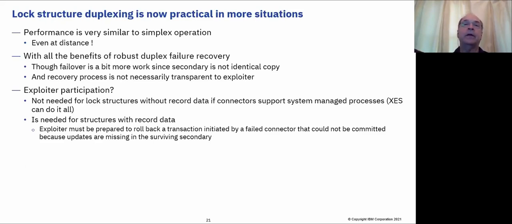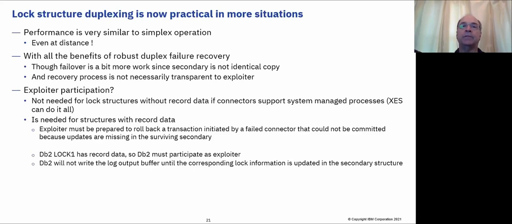And were it the case that the IRLM did not have record data, it would need it, but IRLM does have record data. So because it has record data, we think of the record lock entries or the modified lock list that we care about. Because we have record data in the structure, we need to make sure that both instances of the lock structure are identical before we can commit the related transactions.